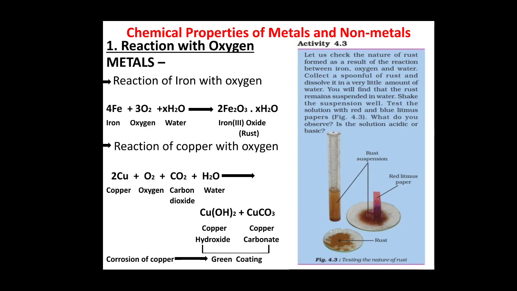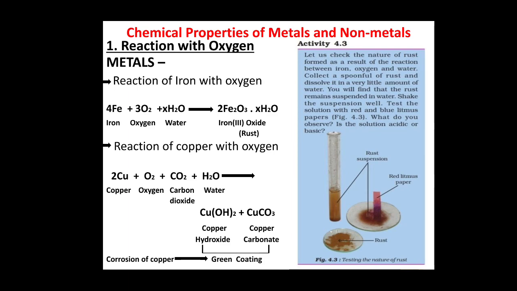Okay. Similarly, the reaction of copper with oxygen. Copper, when exposed to the atmosphere, combines with oxygen, carbon dioxide and water, that is moisture, right. That gives rise to copper hydroxide, Cu(OH)2, plus CuCO3, that is copper carbonate. They together form the green coating.